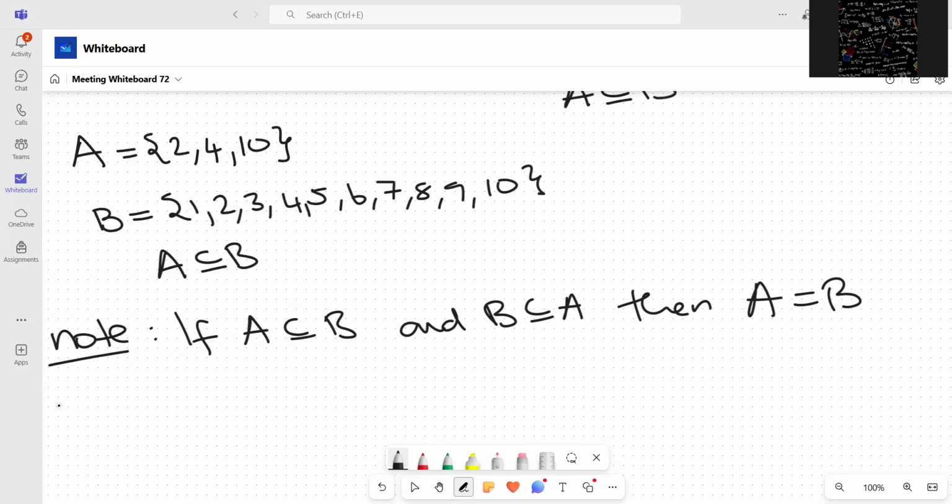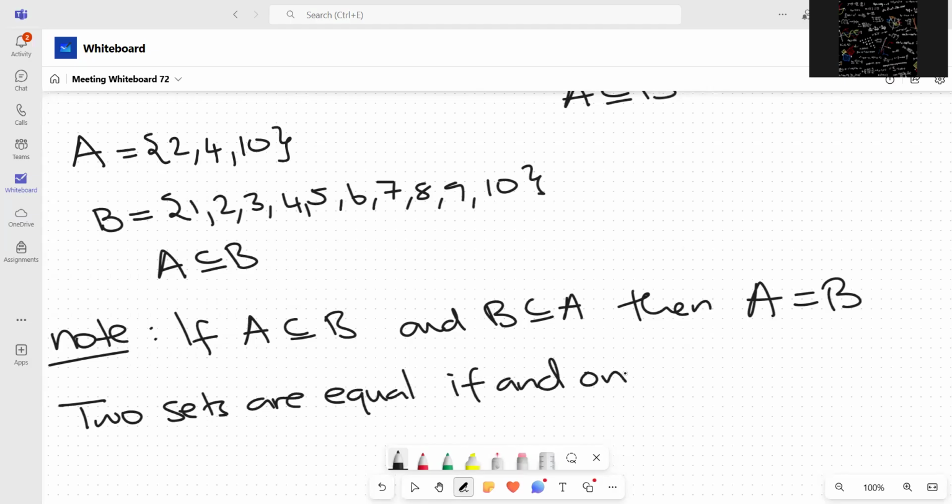So two sets are equal if and only if they are subsets of each other.